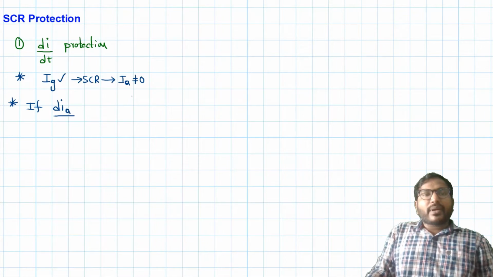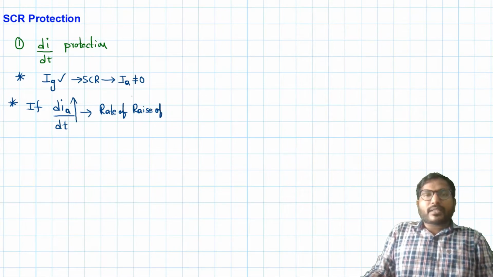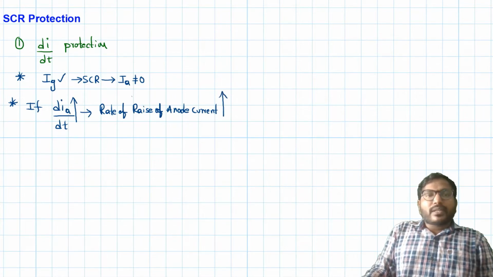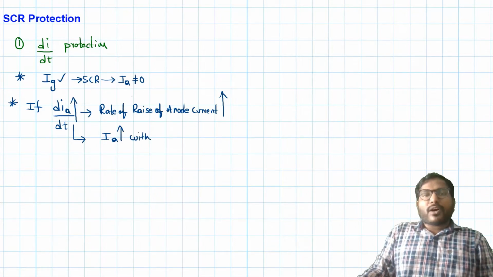In that case, assume dIA/dt is more, that means the rate of rise of anode current is more. That means the anode current increases at a fast rate.